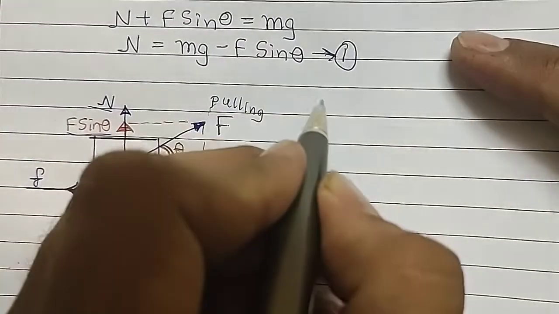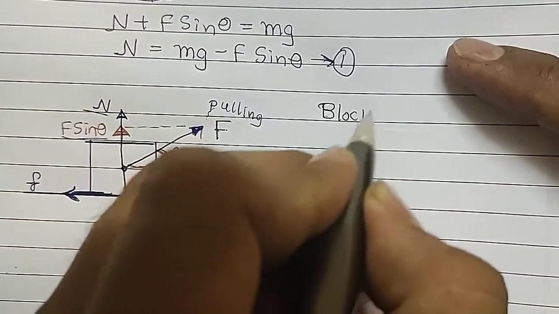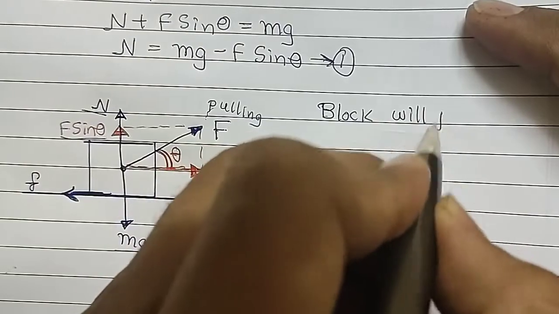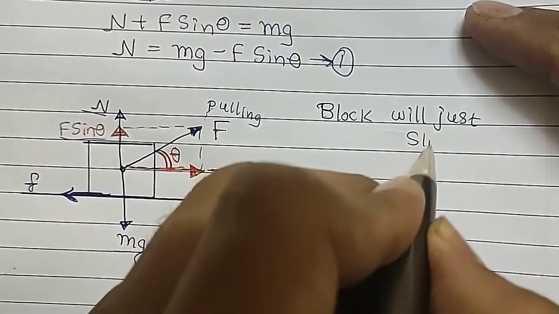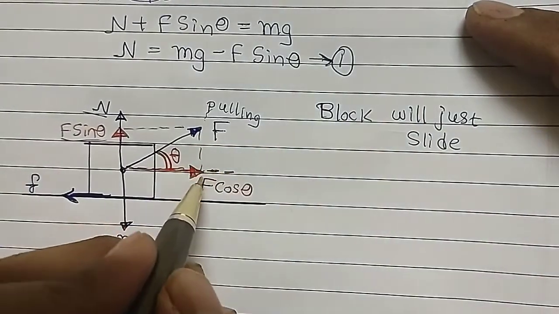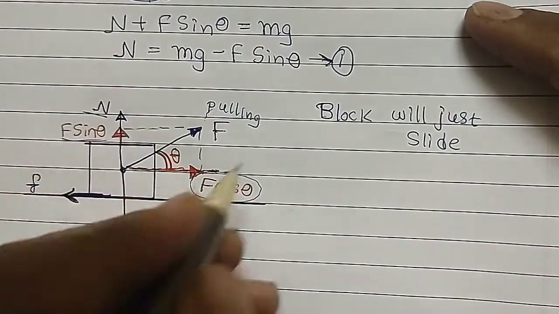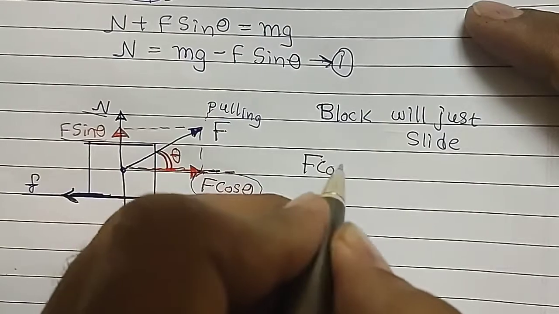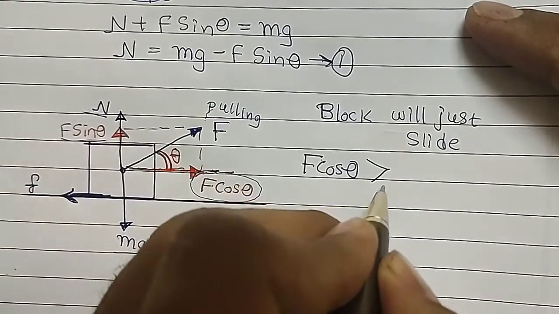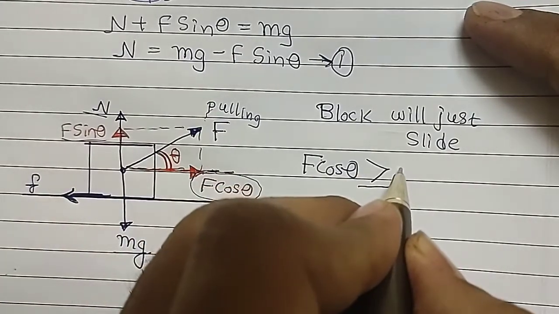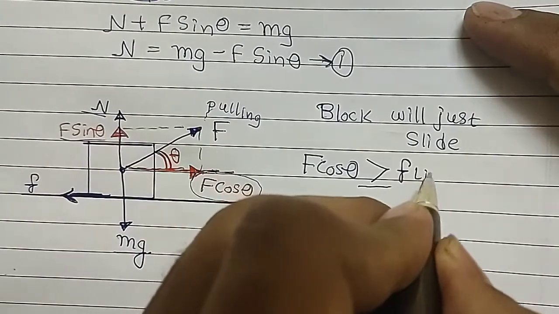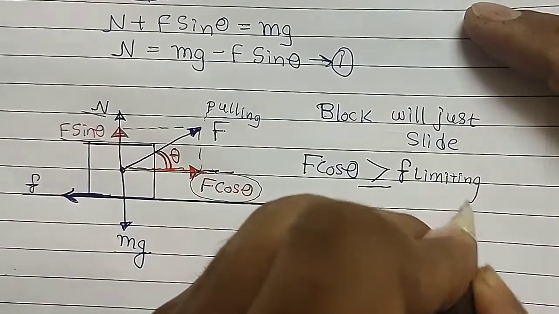Now this block will just slide when the applied force F cos theta overcomes the limiting friction. Means when F cos theta becomes greater than or at least equal to the limiting friction. Right?